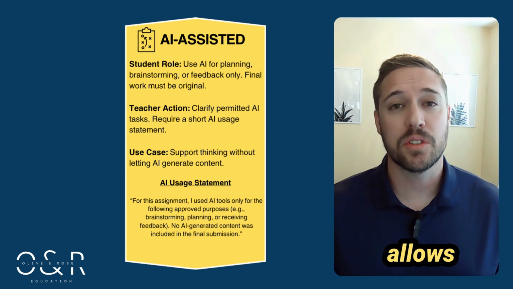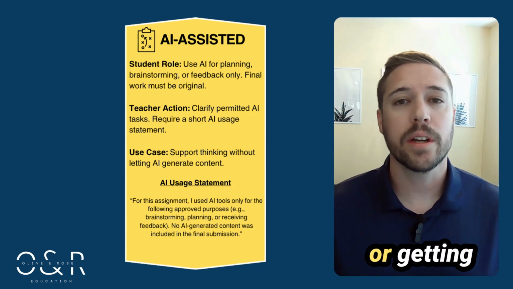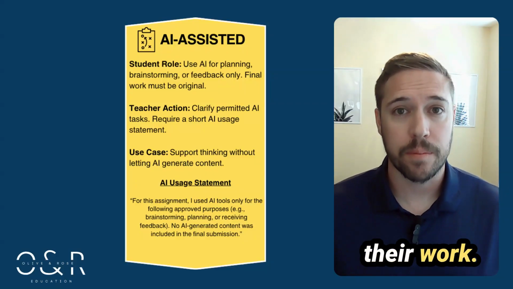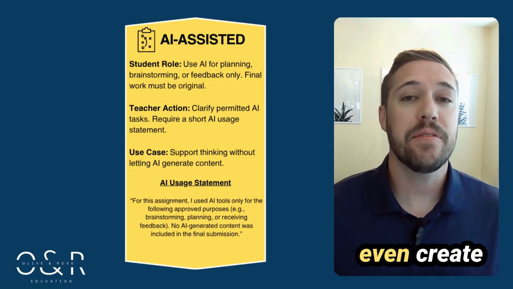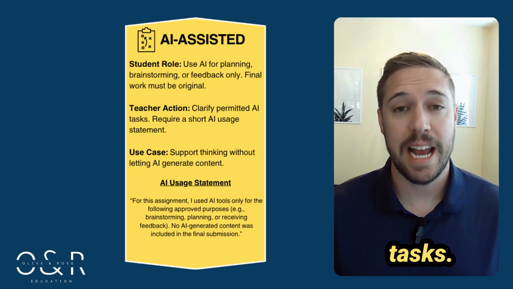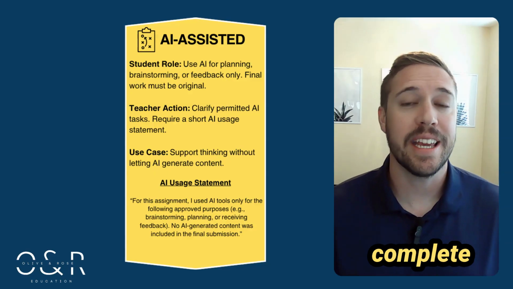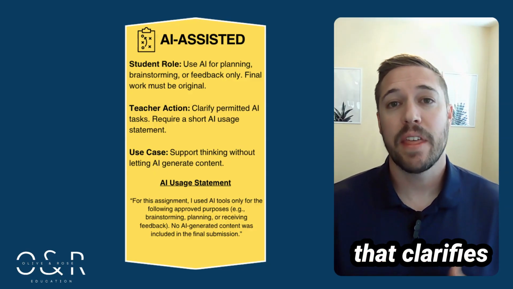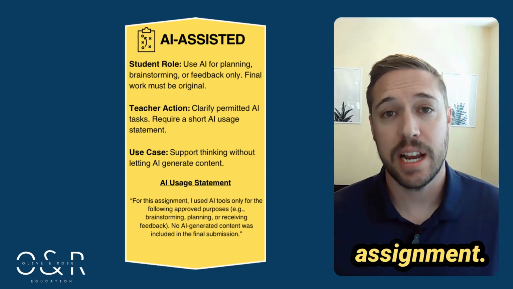This tier allows students to leverage AI for planning, brainstorming, or getting feedback on their work. Teachers can clarify permitted AI usage and even create prompts for students to use to help them complete approved tasks. Then, to top it off, teachers can have students complete an AI usage statement that clarifies how the student used AI on their assignment.